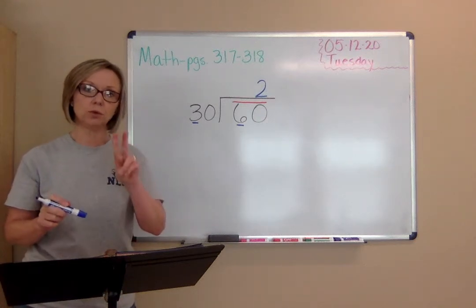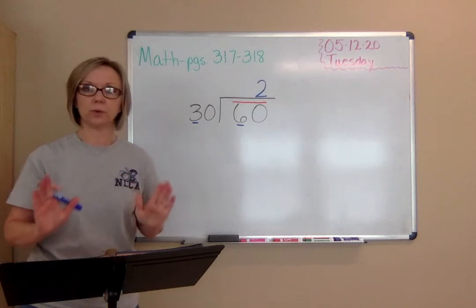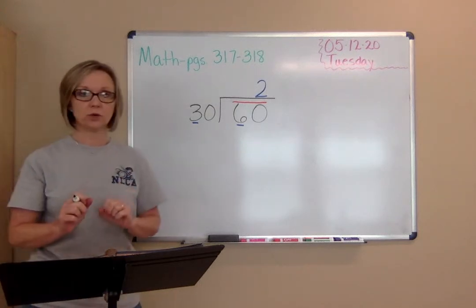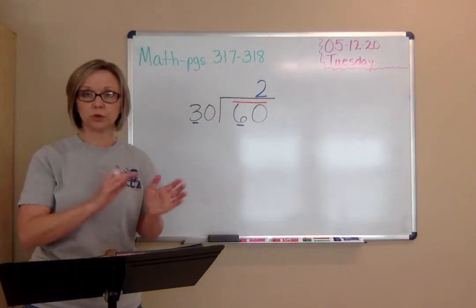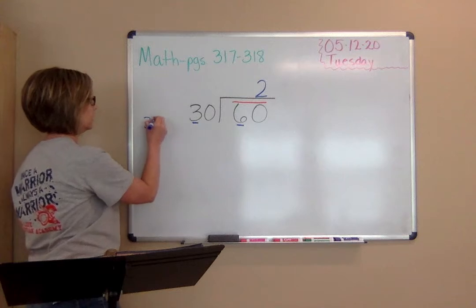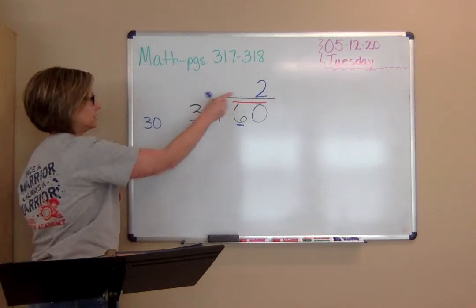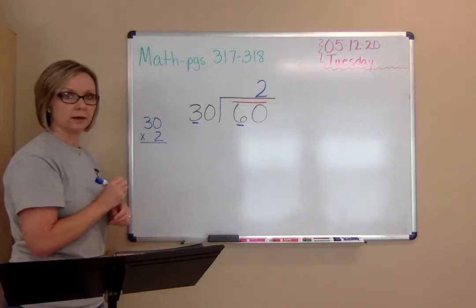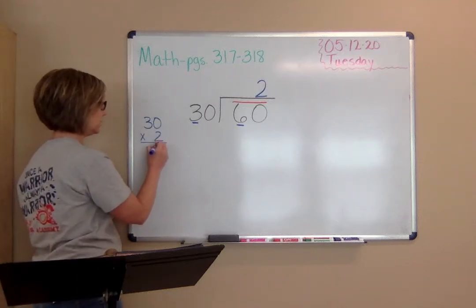I'm going to show you 2 ways right here. You do whatever works for you. Okay? The first thing you could do here is take 30, come over to the side, times 2. And you could do the math. 2 times 0 is 0. 2 times 3 is 6.